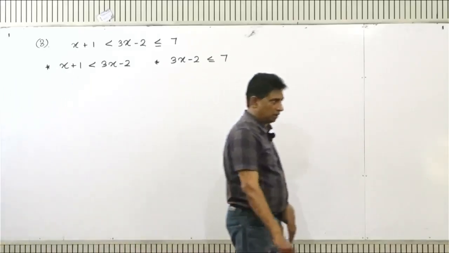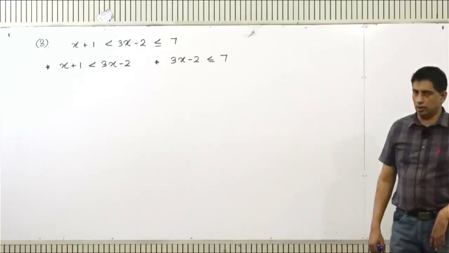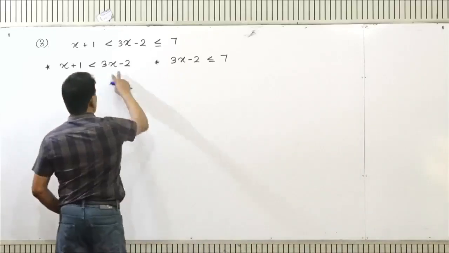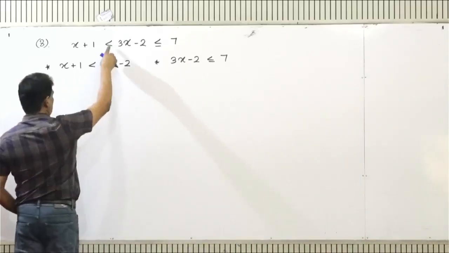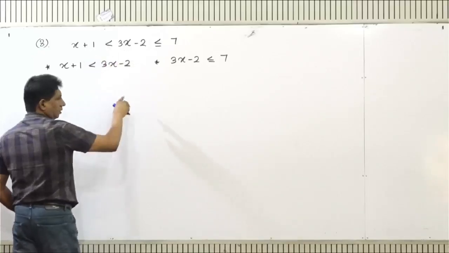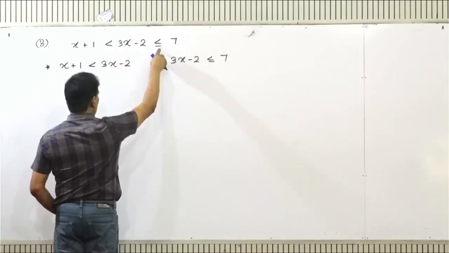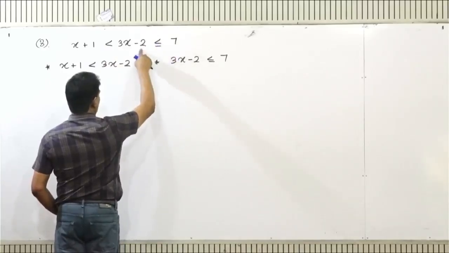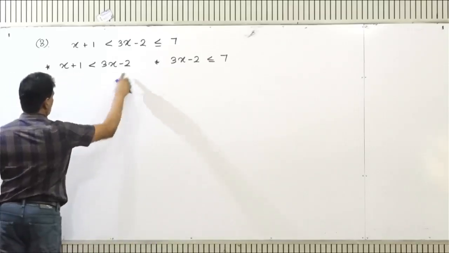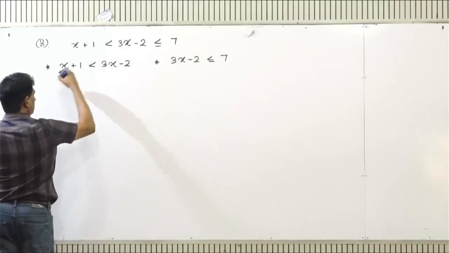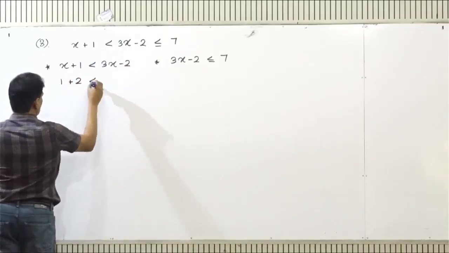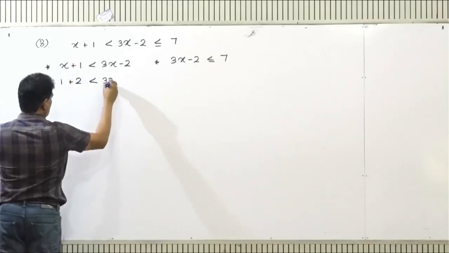First you have to separate this double inequality into two different linear inequalities, this one and this one. You have to take this inequality mark and its left hand side and right hand side, this one. And here this inequality mark and equal mark, right hand side and left hand side, that inequality. Now you have to solve this one. I have to take -2 this side. This positive x you have to take this side.